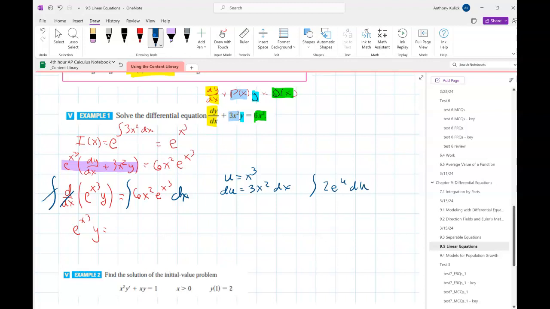Is everybody okay with the substitution? 3 times 2 is 6. Okay, what's the antiderivative of 2 e to the u? Also 2 e to the u. So I'll just put my u back in, and then have a plus c. Everybody feels good so far?